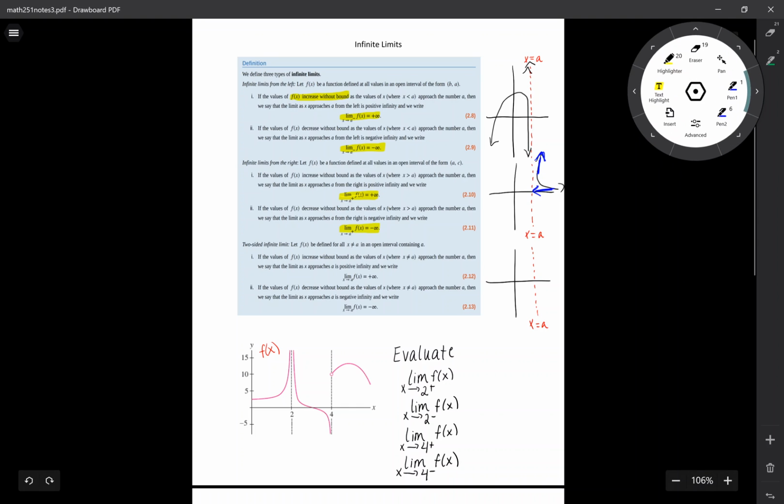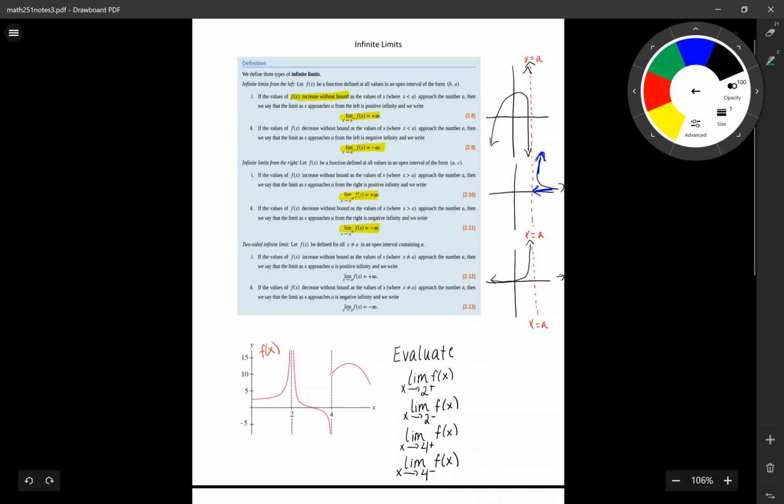And then we have something called a two-sided infinite limit. And this just means that we approach infinity from the left and from the right. So this will look something like this. We have x approaches a from the left. Our y values go to infinity. They get really big.